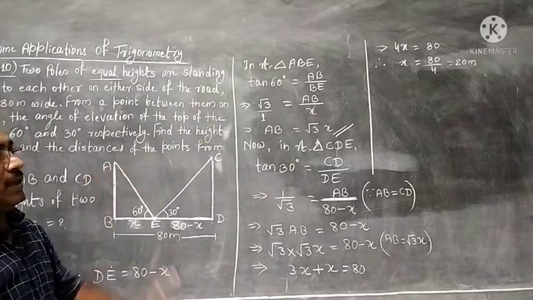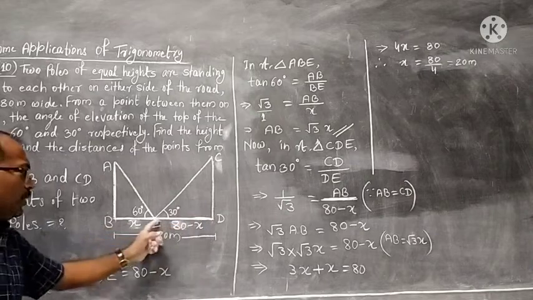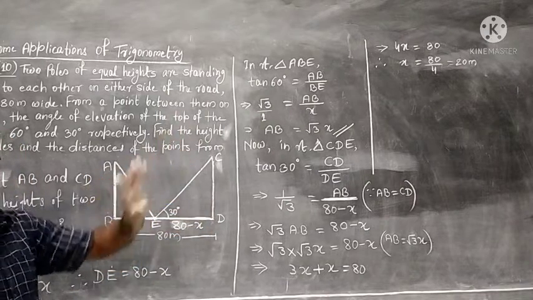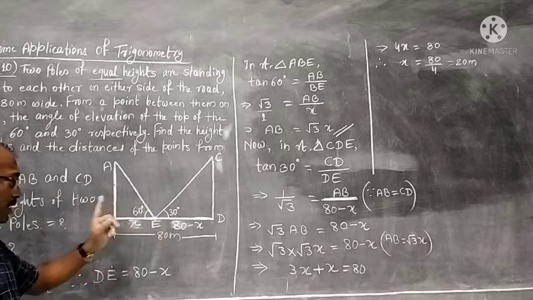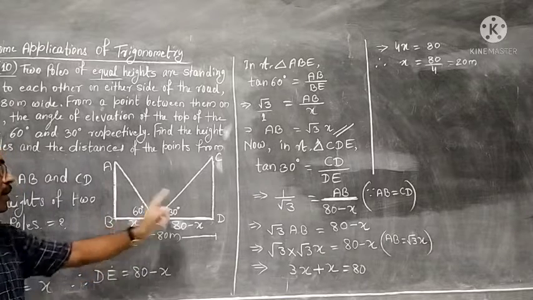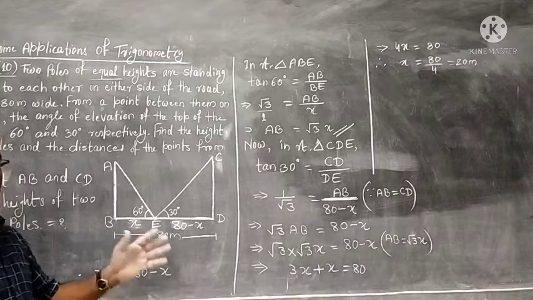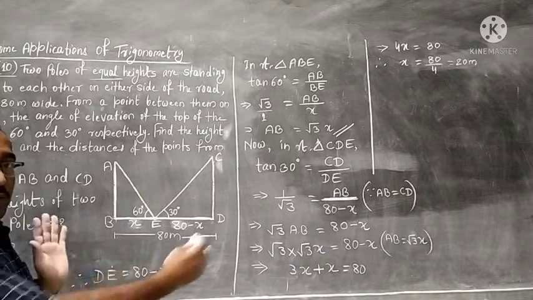So, BE is equal to 20. ED will be how much? 80 minus x, that means 60. So, this point is 20 meter from this pole and 60 meter from the other pole. We understood how far that point is from both poles.